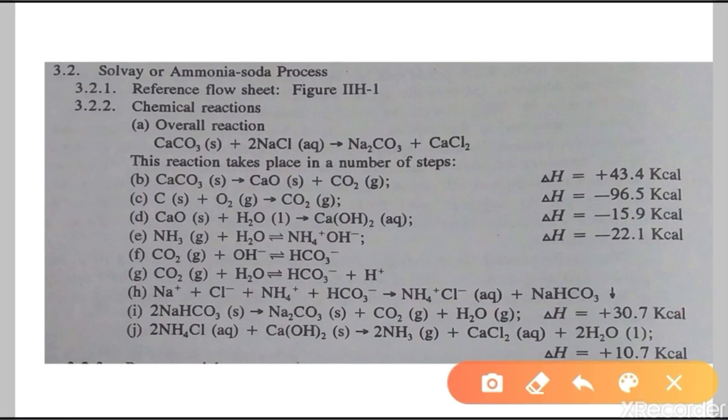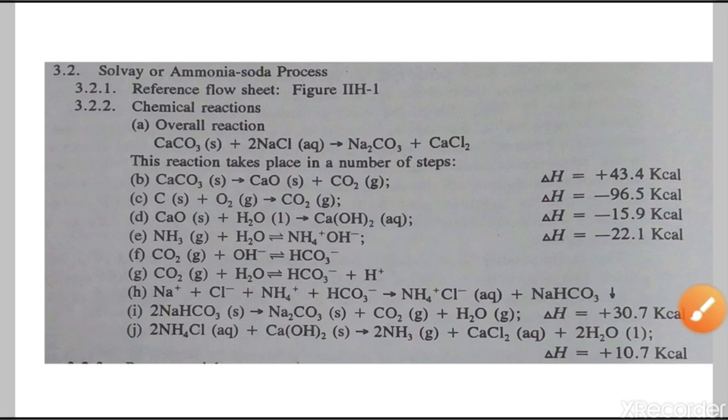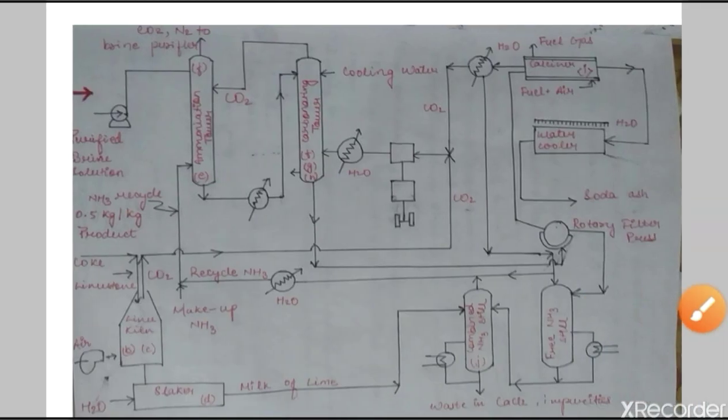This reaction occurs in the calciner: the sodium bicarbonate is heated, then it gives sodium carbonate, carbon dioxide gas is emitted, and water, and this is an endothermic reaction. This is all about the reaction occurring in the calciner.